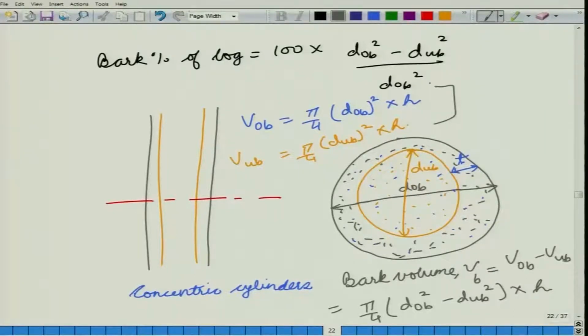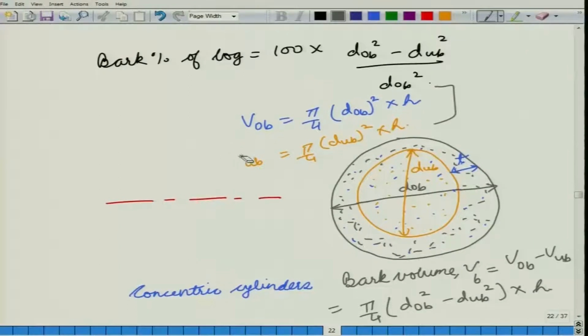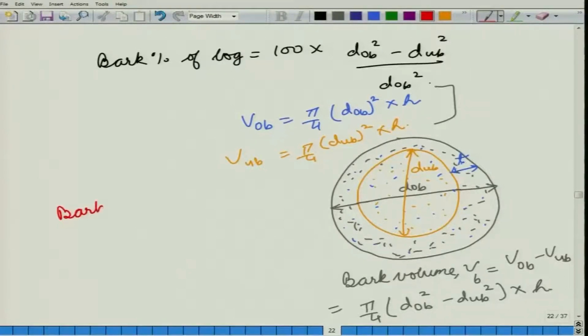So, what is the bark percentage of log? This thing is volume under bark. Now, just take another color. Bark percentage of log is the volume of the bark divided by the over bark volume multiplied by 100.